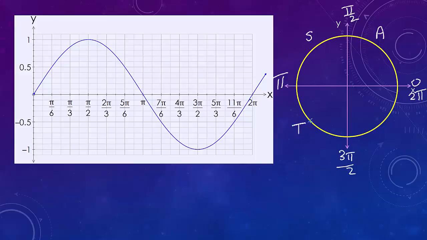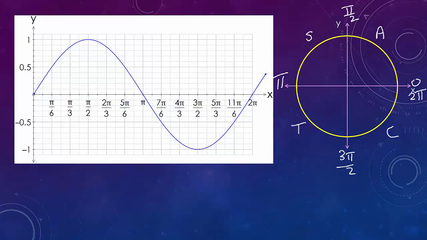When we come into the T quadrant, the sine should be negative, and indeed between pi and 3 pi by 2 we can see the curve is below the x-axis, and the same in the C quadrant, the sine should be negative, and between 3 pi by 2 and 2 pi the curve is below the x-axis.